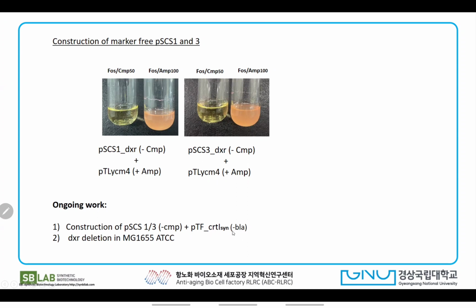We already have colonies, and the growth of cultures of these 2 plasmid mixtures is on the way. By tomorrow, we should be able to get these plasmids ready. The next step is to delete DXR in this MG1655 ATCC strain. We hope to finish this work very soon.